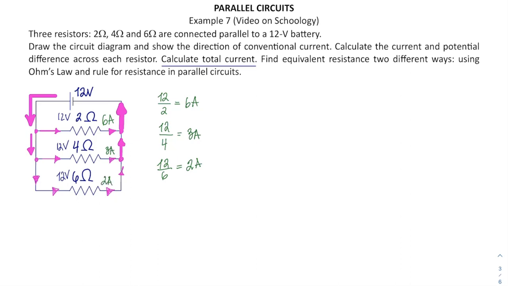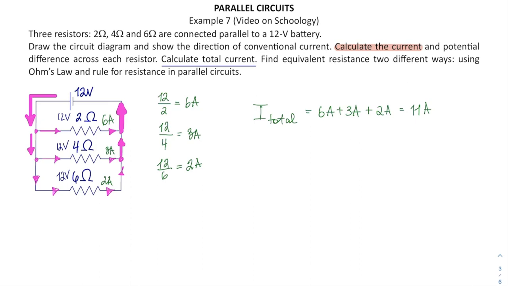Boom. So then I can find the total as 6 amps plus 3 amps plus 2 amps. That's going to be 11 amps. Now, we have found current.